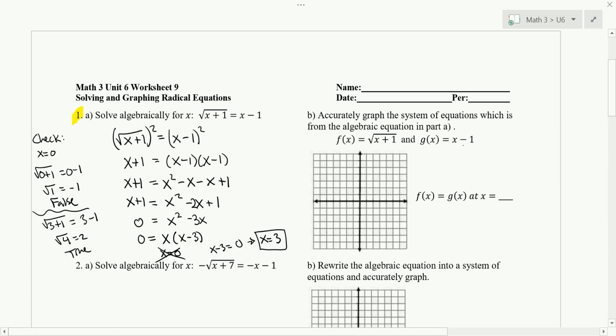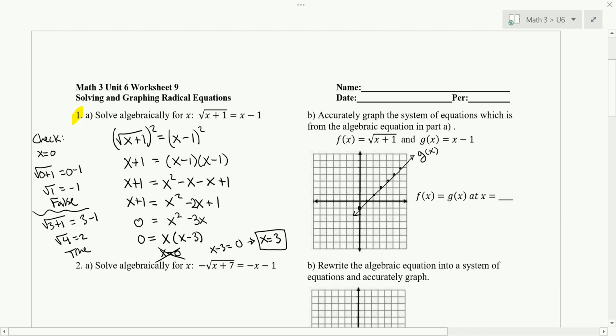It's a line. The y-intercept is negative 1, the slope is 1, so I'm going to start down at negative 1 and go up 1, right 1. So this is our line, g of x. Label it g of x.